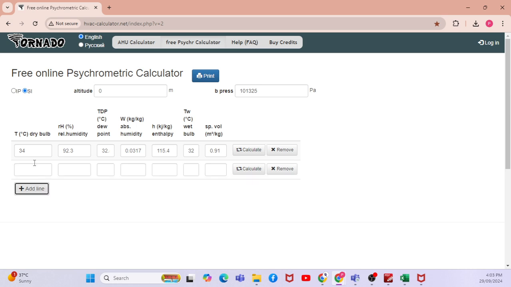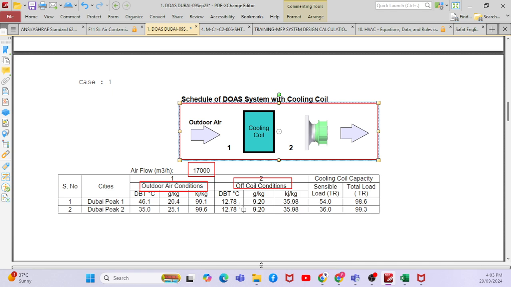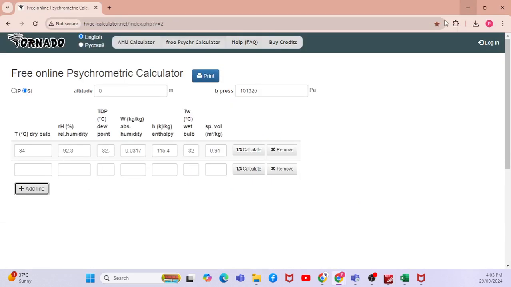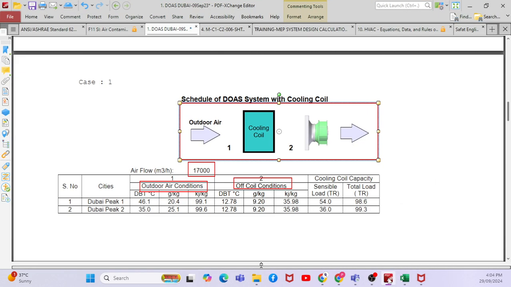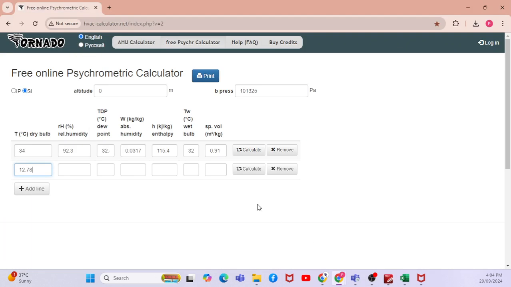Then if you talk about the off coil condition, which is 12.78 and 9.28, right? So if I go to the psychrometric chart, 12.78 and enthalpy 35.98.